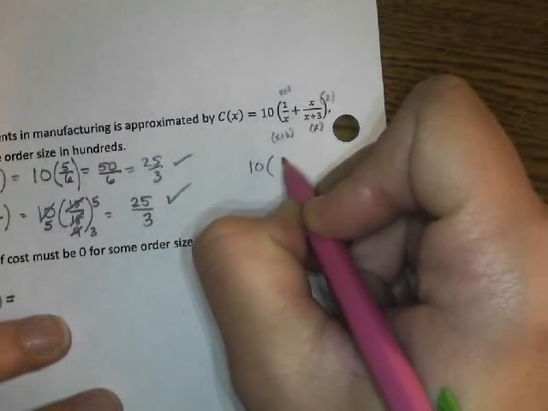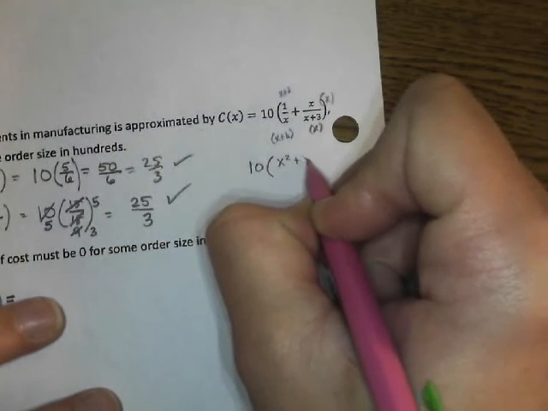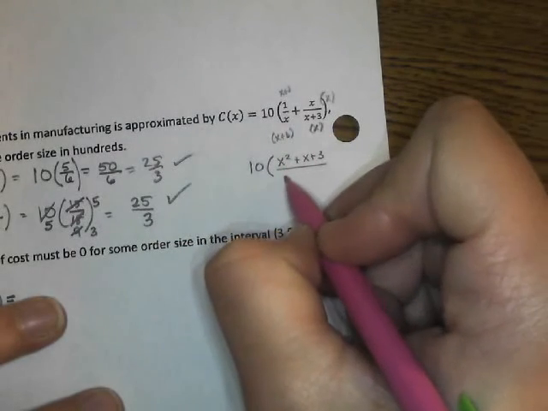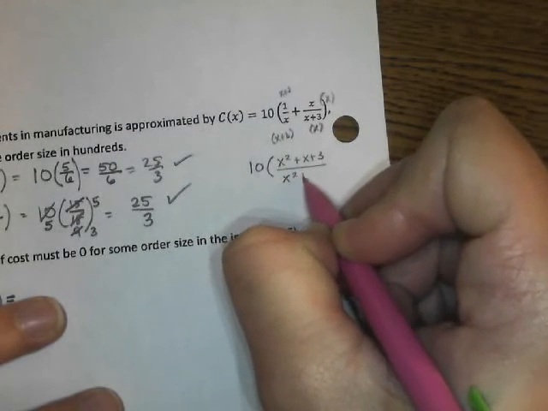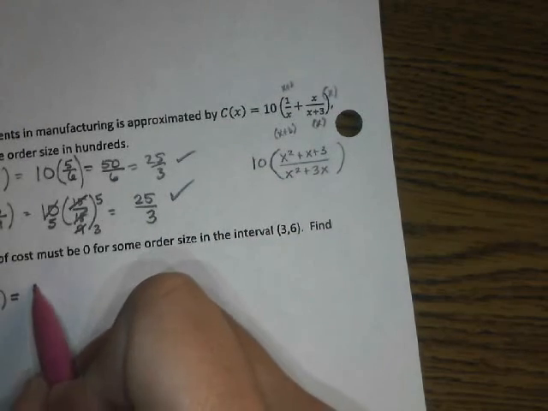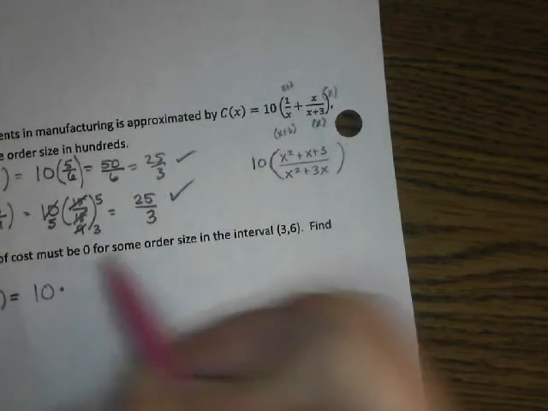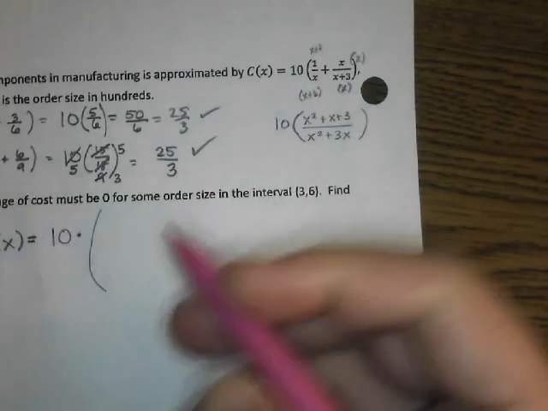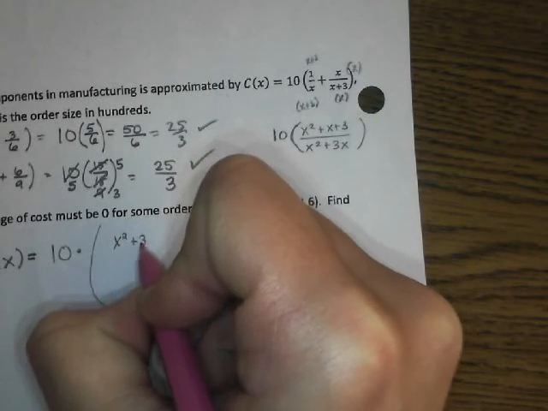And then I think I would do my first times the derivative of the second. And the derivative of the second would require the quotient rule. So I have my bottom times the derivative of the top, 2x plus 1, minus our top, times the derivative of the bottom, 2x plus 3, all over bottom squared.